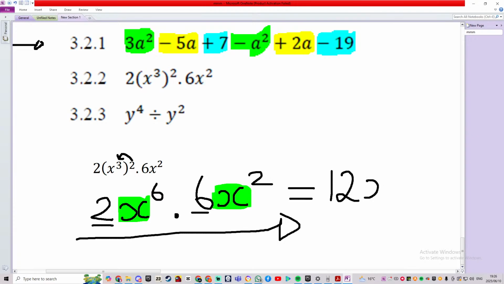Then you keep the letter x, and then what do we do with the exponents? Can anyone tell me? I'll give about 20 seconds.